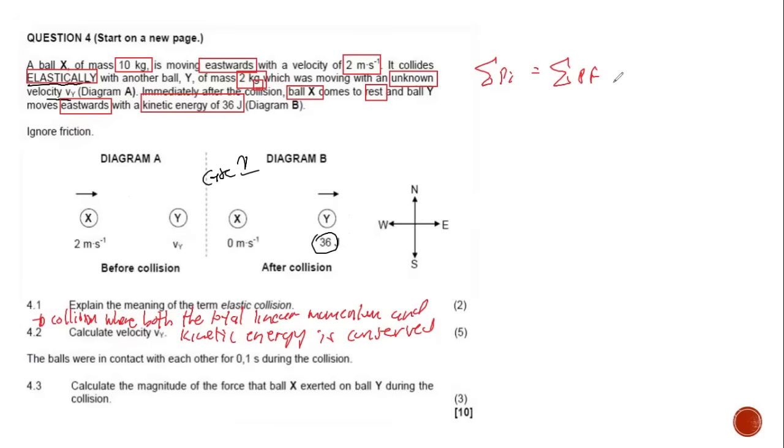Then we are taking east as positive. So we have M1 V1 plus M2 V2 is equal to M1 V1 plus M2 V2.